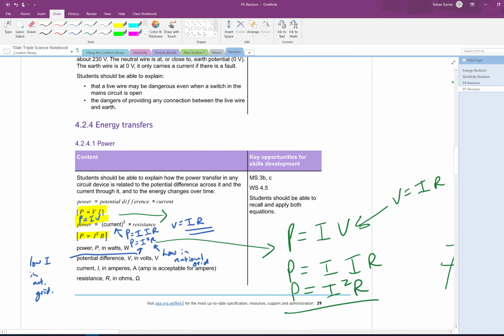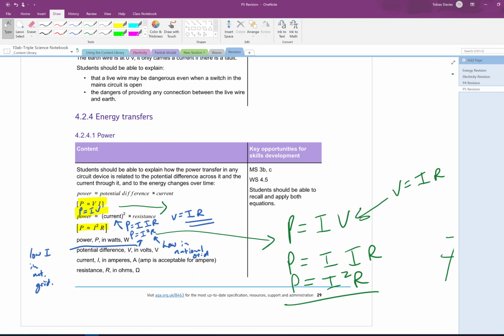Now you also need to do calculations for this part of the electricity course, and the main one to look at is power. Electrical power, which I showed the equation for higher up in my notes, is P equals VI. I always remember it as P equals IV.